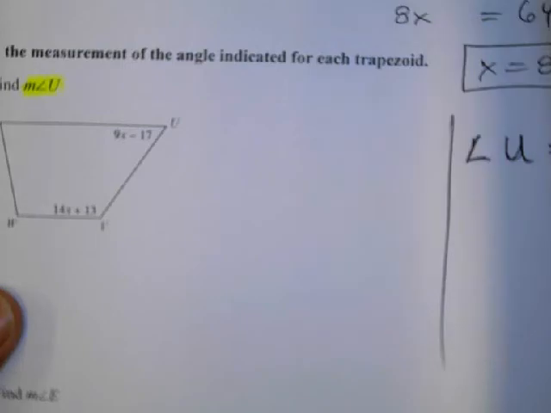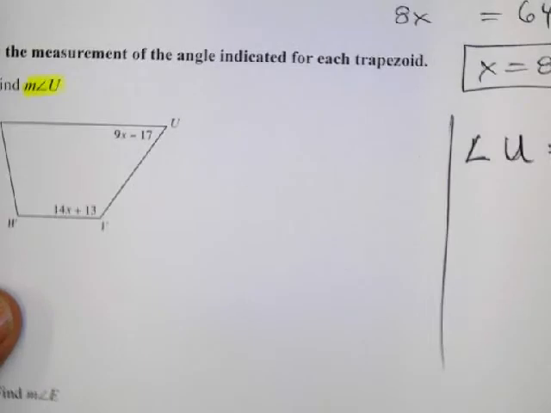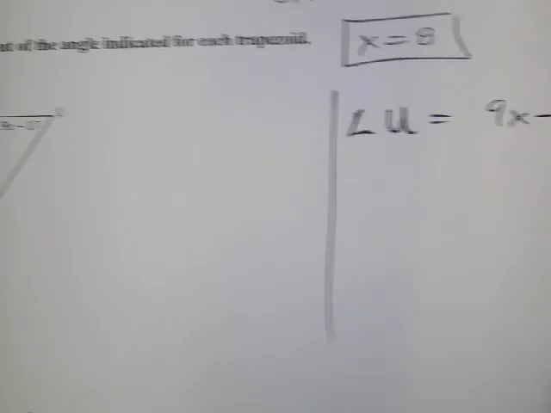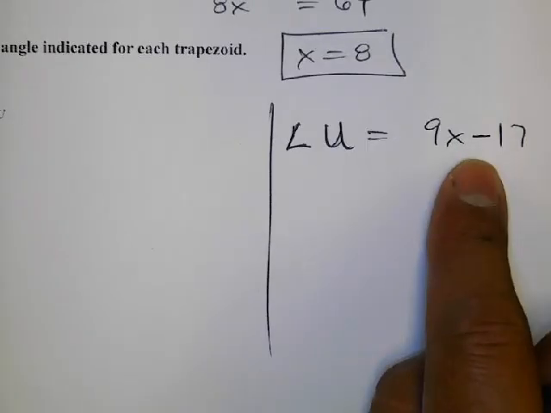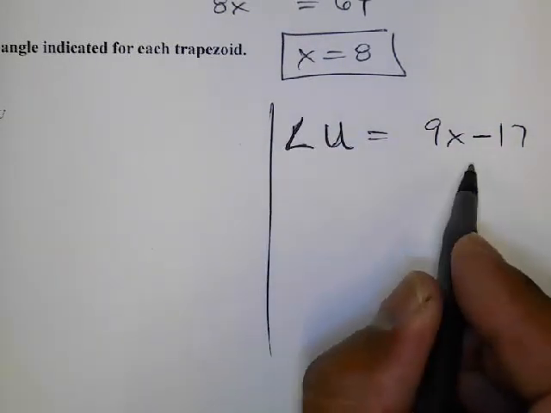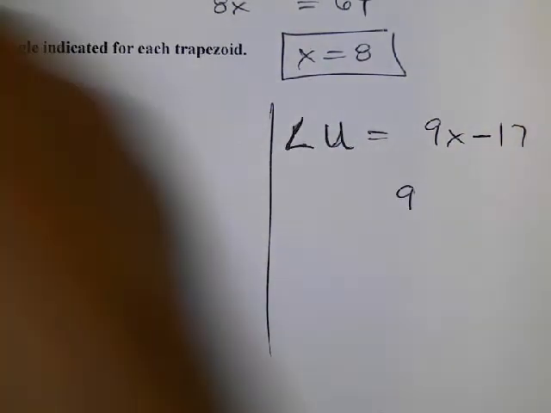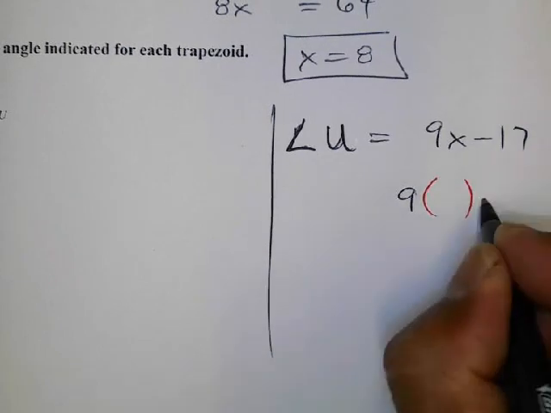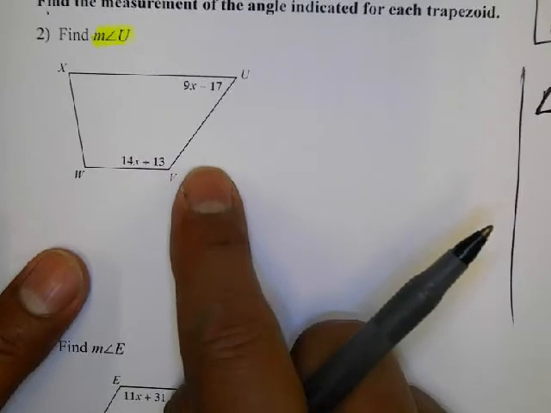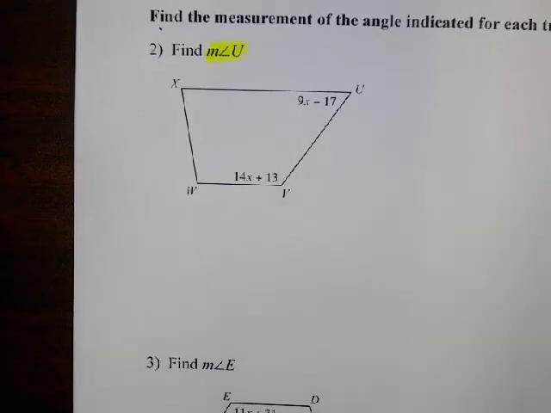They want me to find angle u, and the expression for angle u is 9x minus 17. This is angle u. As soon as I find the value of x, I'm going to substitute it there, and then I'll get the answer. But first I have to get the value of x.